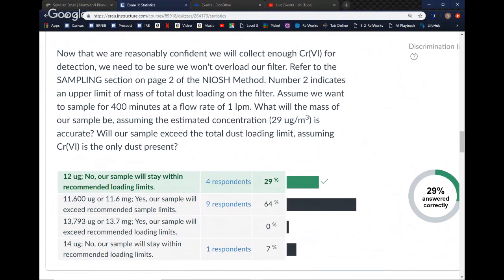So we knew that was our upper limit for our collection mass. That was in the sampling section on page 2 of the method. Number 2 indicates an upper limit of mass for total dust loading on the filter, which is 1 milligram.